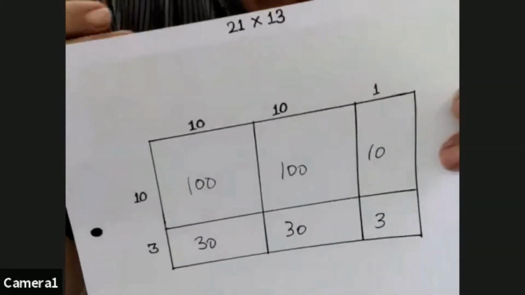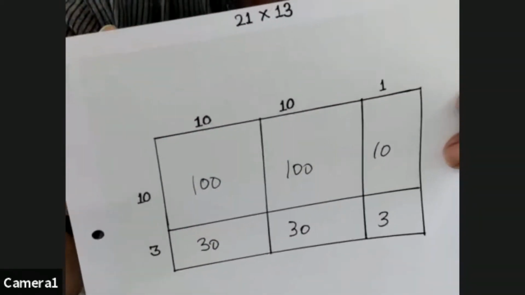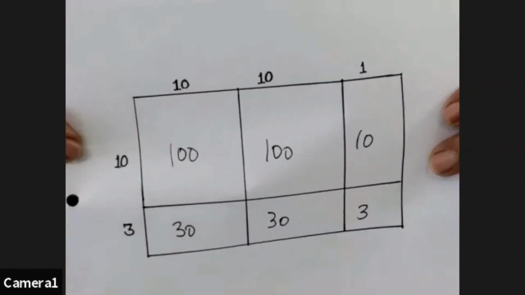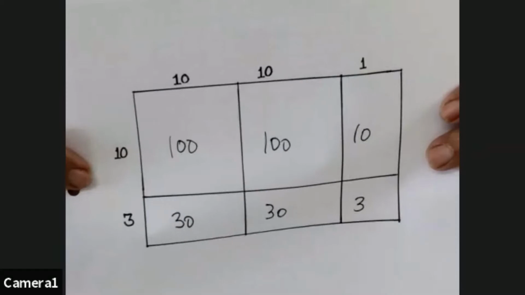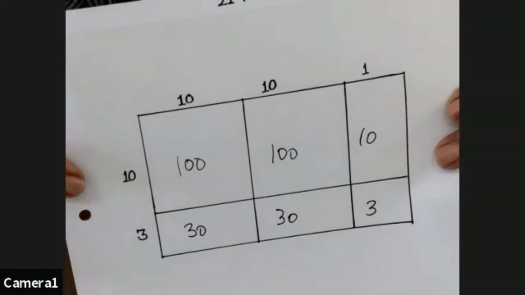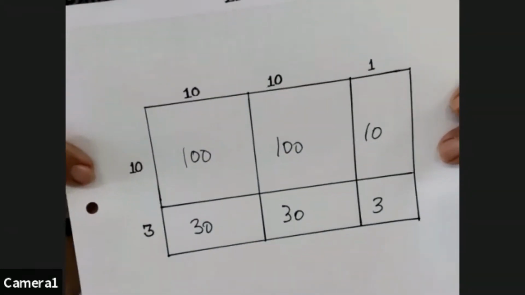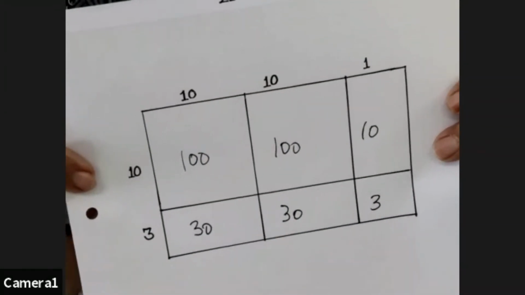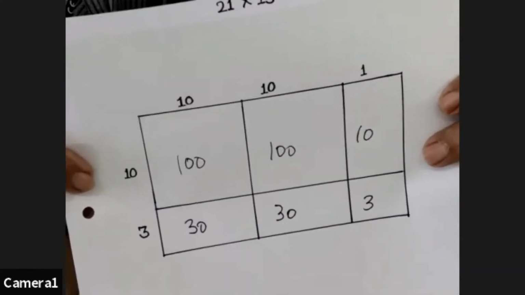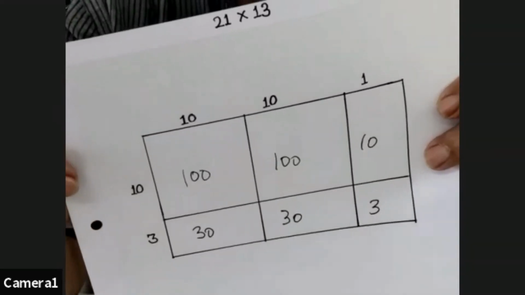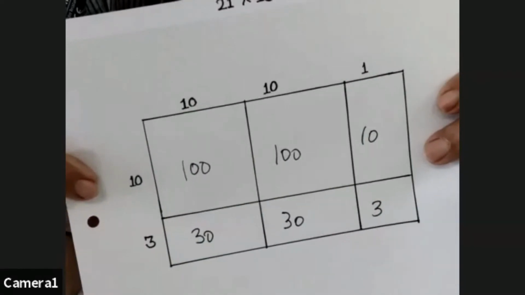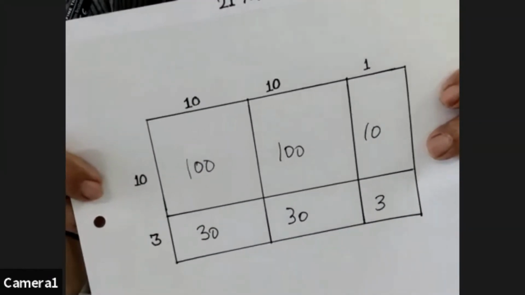So now we know how to multiply 2-digit numbers using a diagram and breaking it into parts. So now are we ready to go to a more difficult problem, a more challenging problem? Now I'm going to give you a problem where you have to multiply a 3-digit number with a 2-digit number. So what you have to do now is to multiply 13 multiplied by 123.